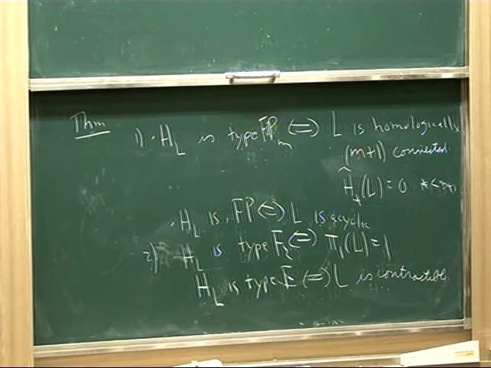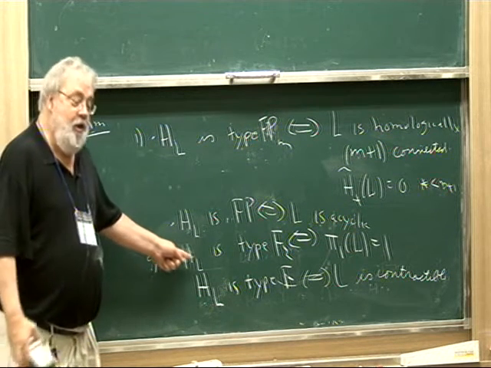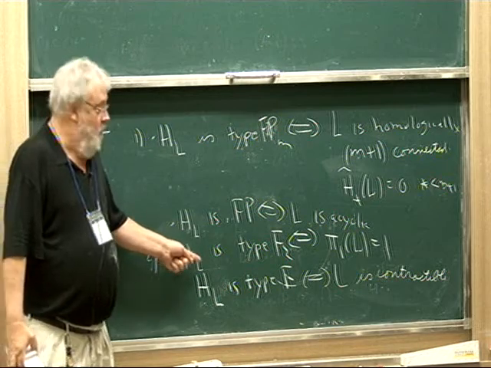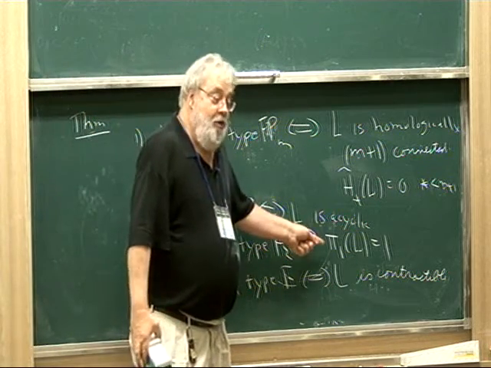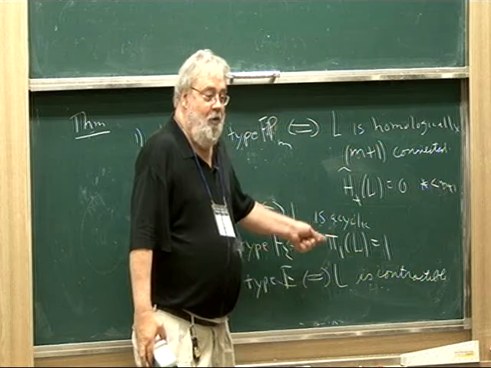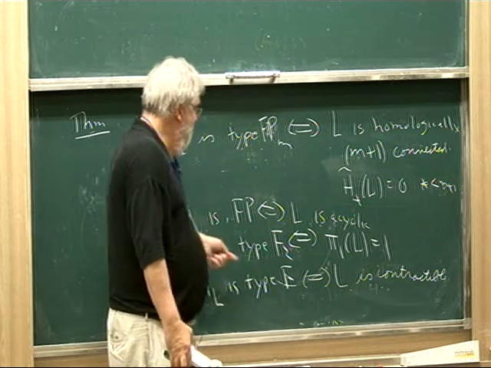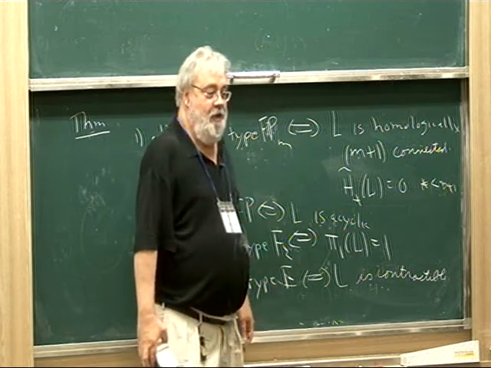So, let me just say, there were some examples of things like this known before, actually famous examples. Well, the corollary of this is, the answer to the problem was that if I take L to be a complex which has no homology, but has some fundamental group, then it will be a group which is type F, but not type FP.